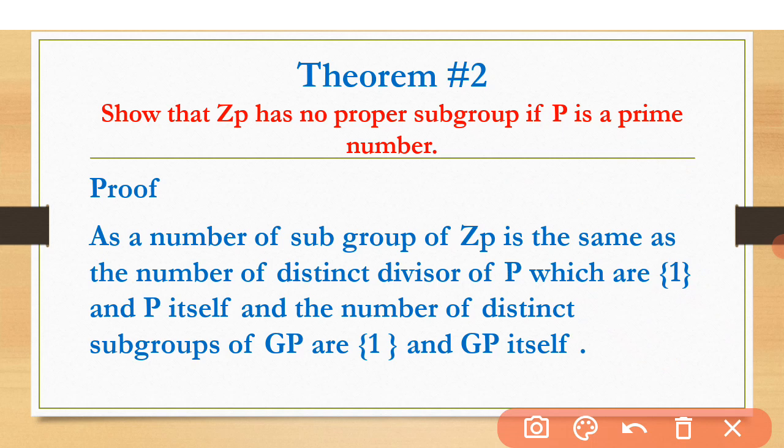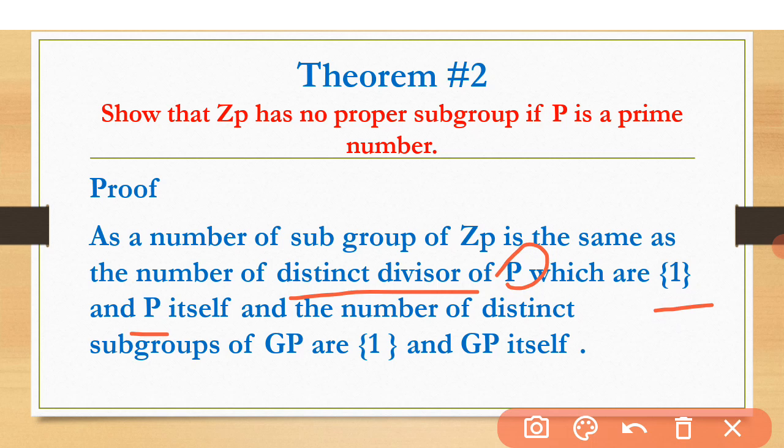So the distinct divisors of p are only 1 and p itself. For example, if p is 2, then the divisors of 2 are 1 and 2. If p is 3, then the divisors of 3 are 1 and 3. Similarly for 5, 7, 11, 13, 17, 19, 23, and so on. These all have only the distinct divisors 1 and itself.